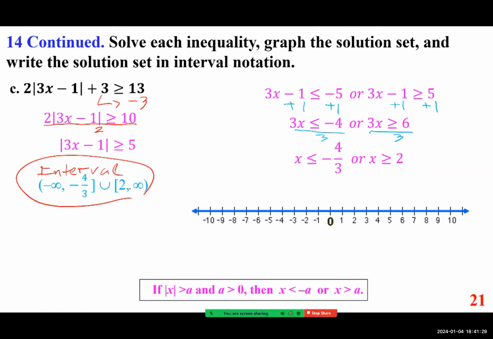On a number line, we locate -4/3, which is -1 and 1/3. This is -1, this is -2, in between, and about 1/3 of the way. So you can put a dot and shade to the left of it. Or x is larger than or equal to 2, and to the right of it. You can put a solid point, we can do it this way, class.